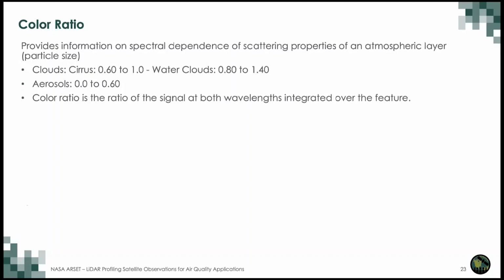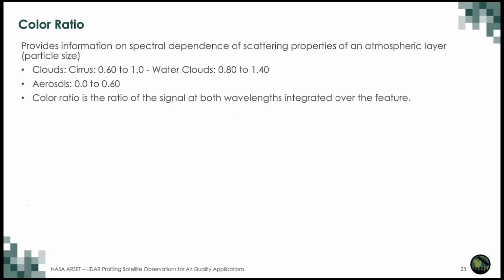Now that's depolarization ratio. Now we'll talk about color ratio. Color ratio is the ratio of your attenuated total backscatter at your two different wavelengths. In this case, it's 1064 nanometers to 532 nanometers. And what this does is tell you information about the particle size. So larger particles, such as clouds, exhibit color ratios that are 0.6 to 1 for cirrus clouds, 0.8 to 1.4 for water clouds.